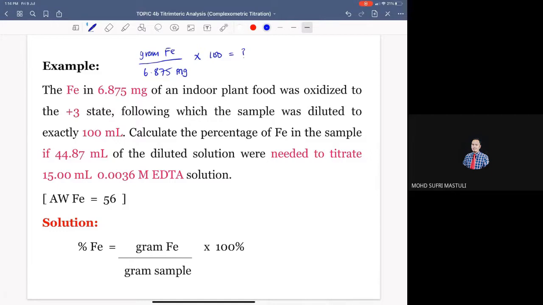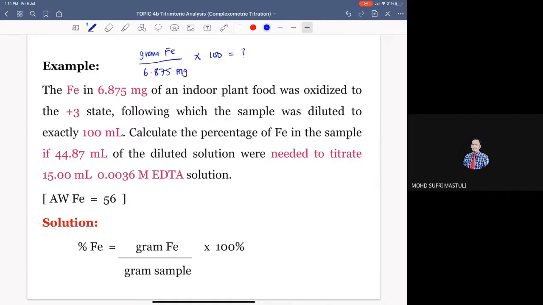Calculate the percentage of Fe in the sample if 44.80 ml of the diluted solution was needed to titrate 15 ml of 0.0036 molar EDTA solution.